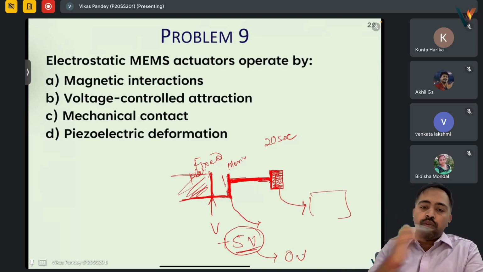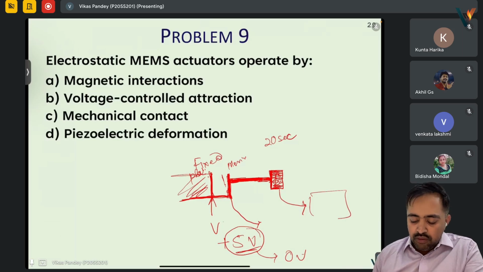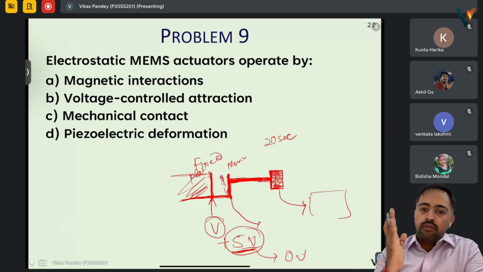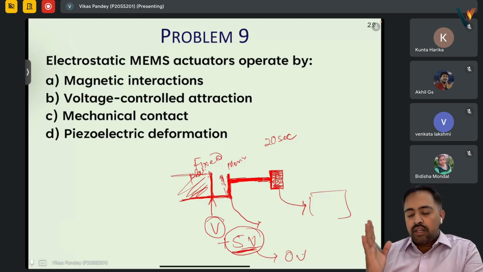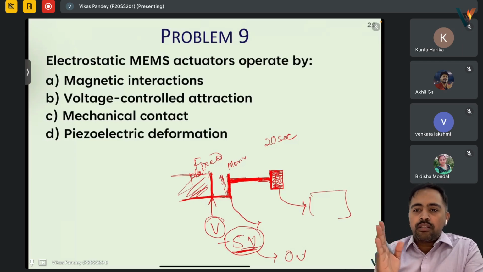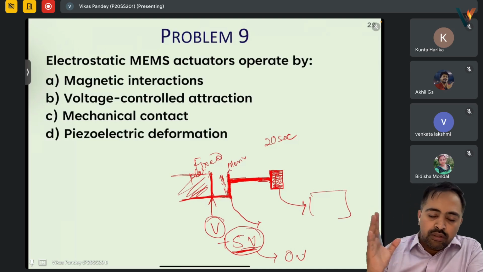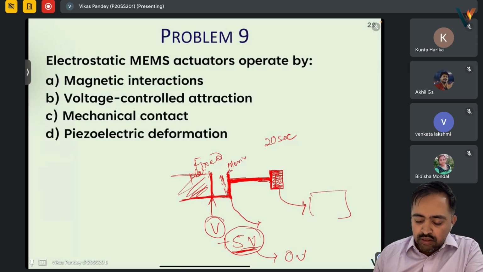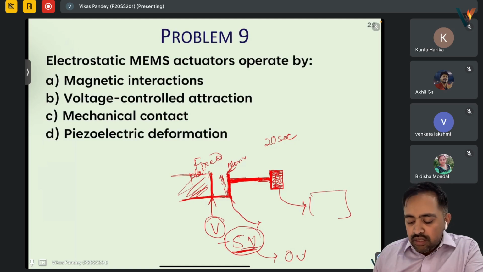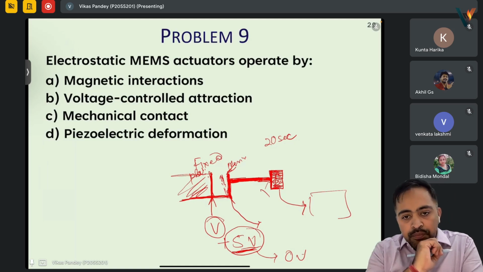After 1 second, we are again increasing the voltage V to 5 volt, and this cantilever will get attracted and move a bit in. I am drawing it like bending, but it will not bend since it can be on a membrane, so the whole membrane will try to just pull in, and as such this connection will get disconnected.